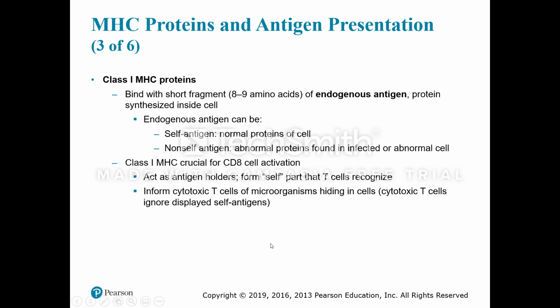These are abnormal proteins that are found in infected or abnormal cells. Take note, class 1 is very important for CD8 activation. Class 1 acts as antigen holders, forming a self part that T cells recognize. So they inform the cytotoxic T cells of microorganisms hiding inside your cells.